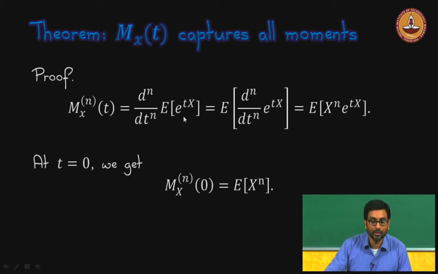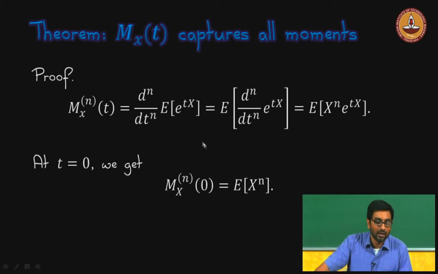We have said that differentiation and expectation can be interchanged, so I am interchanging it and taking the differentiation inside. The nth derivative of e to the t x is x to the n e to the t x. Remember, this is the derivative with respect to t.